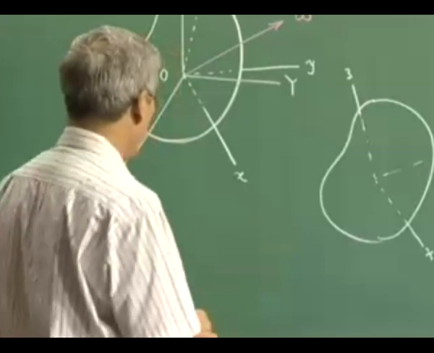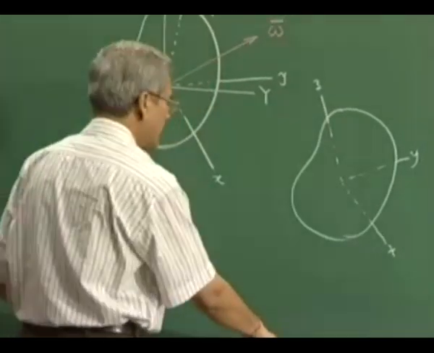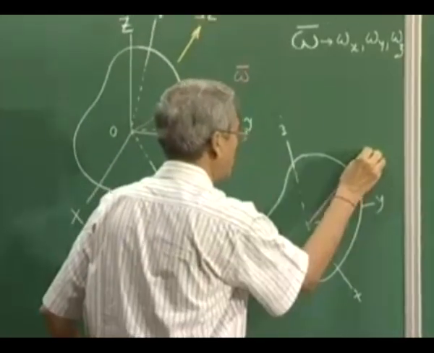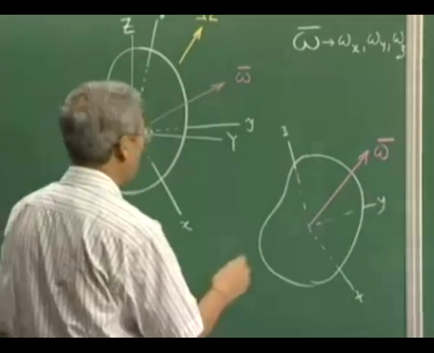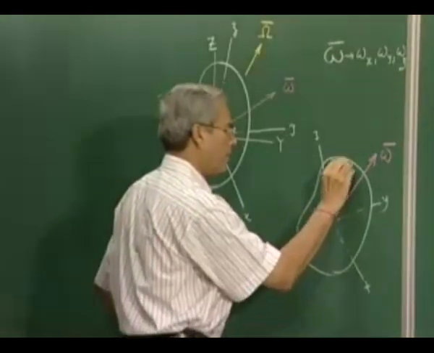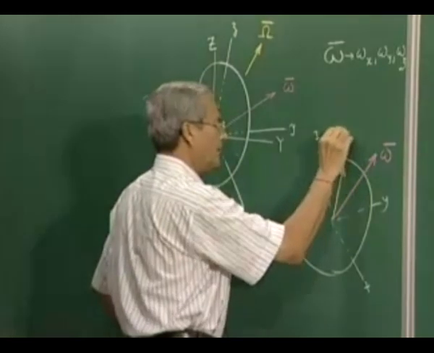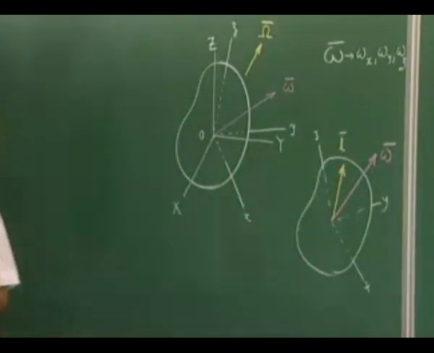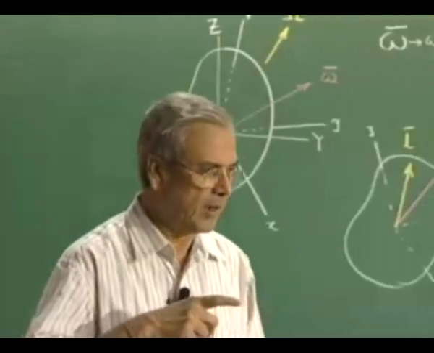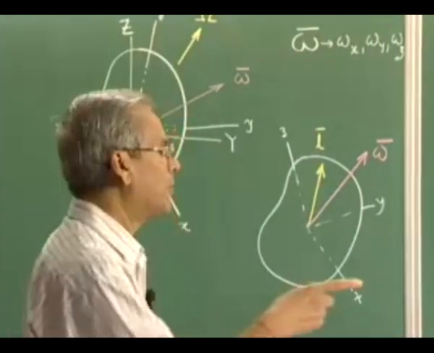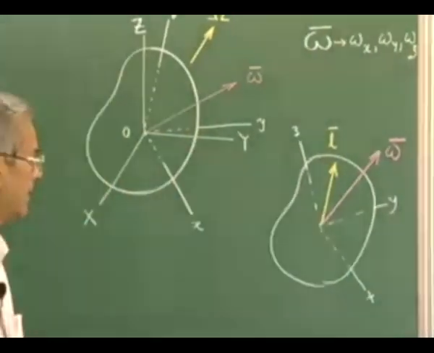So if this rigid body is having an instantaneous angular velocity of omega, its angular momentum L will be something like this. In planar motion it doesn't happen. There we have seen the angular velocity vector and the angular momentum vector generally coincide.